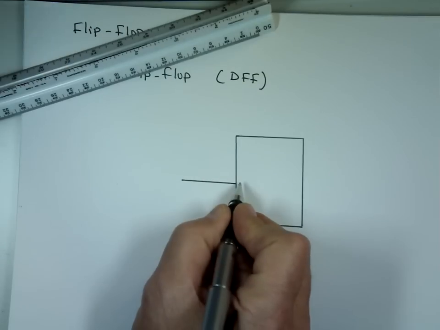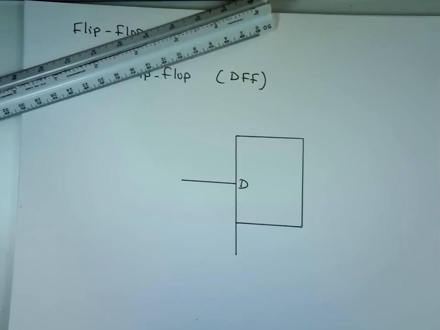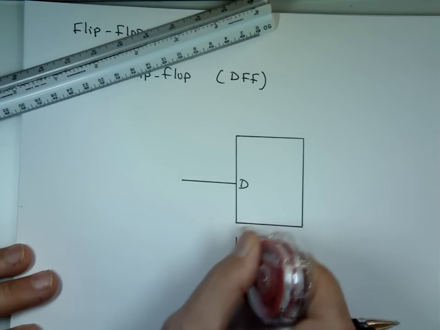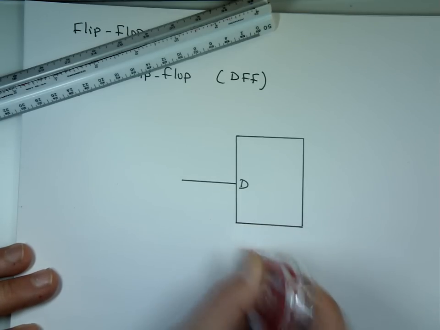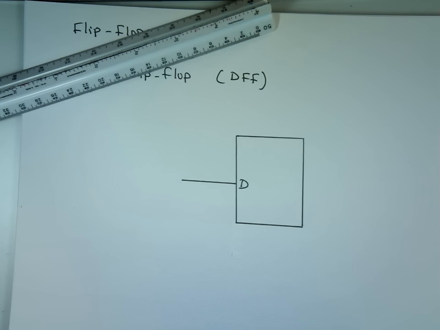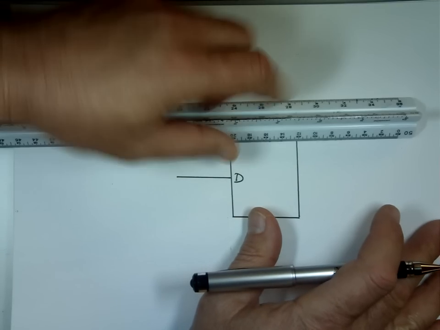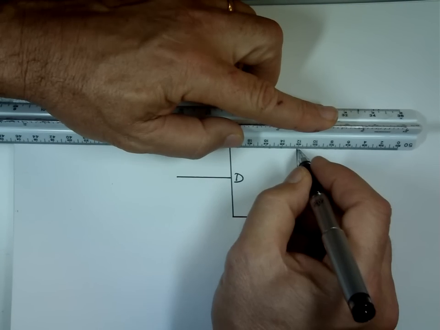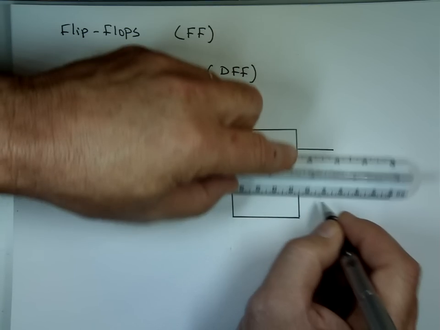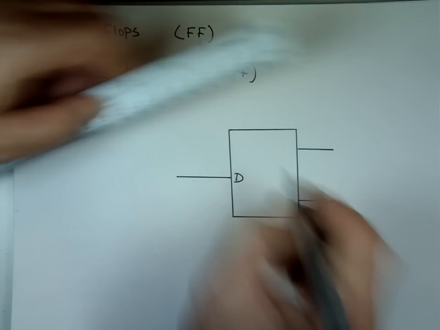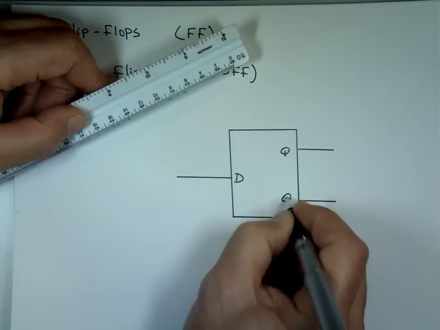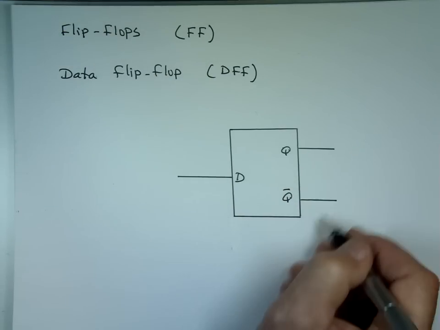I don't care about the clock for now. Maybe I'll mention the clock just briefly. And I have two outputs. We'll call them Q, and the other output is the complement of that. So this is Q, and this is Q not. So when this one is 1, this is 0. When this is 0, this is 1.